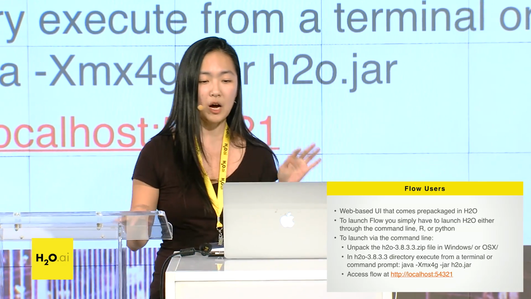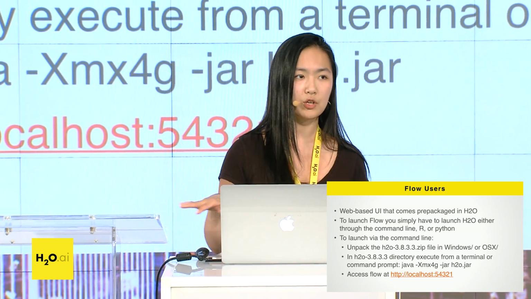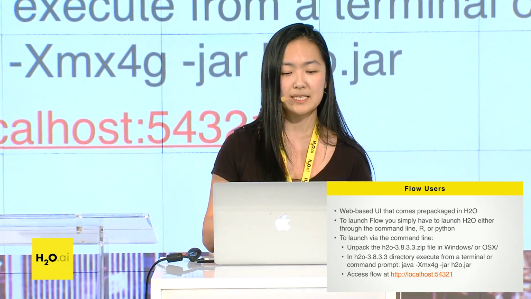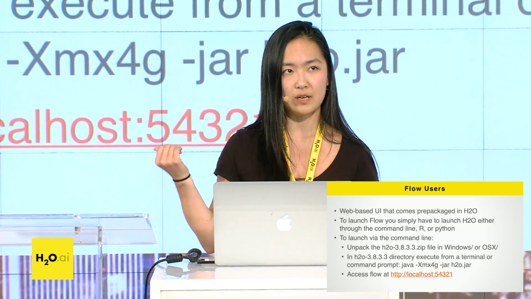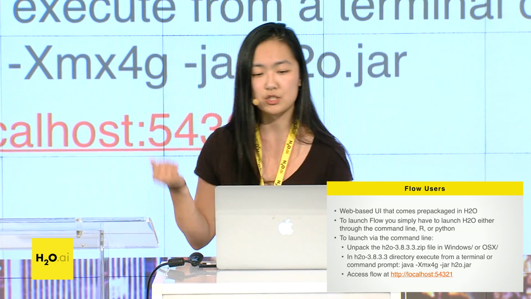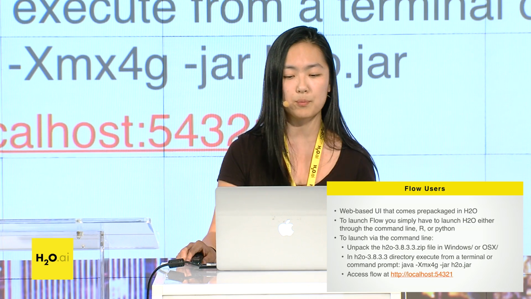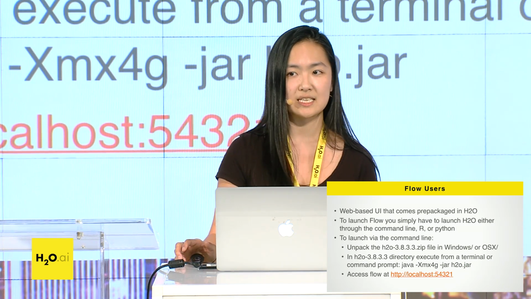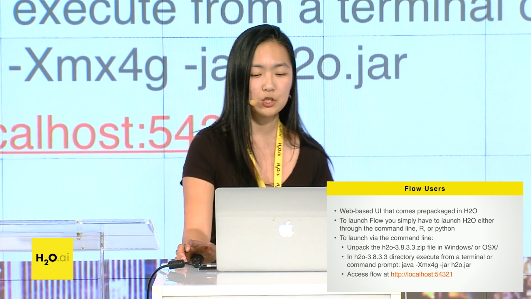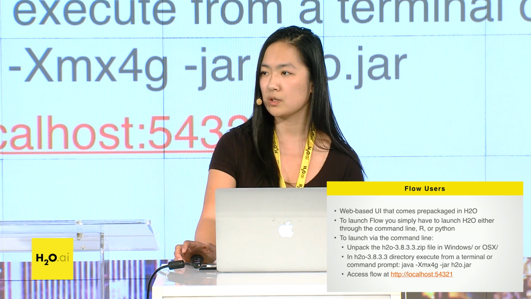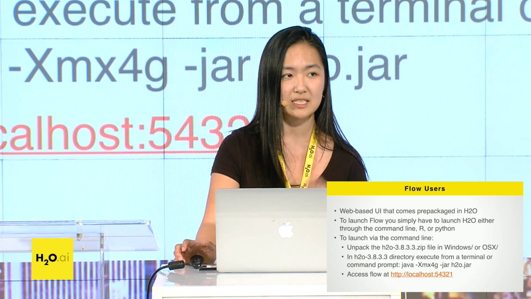I'm going to pause between slides so that everyone can try to run this. The H2O zip drive is our installation. H2O 3.8.3 is the installation that we'll be working with, and it should be in either your Windows or Mac OS directory. It's a zip file.